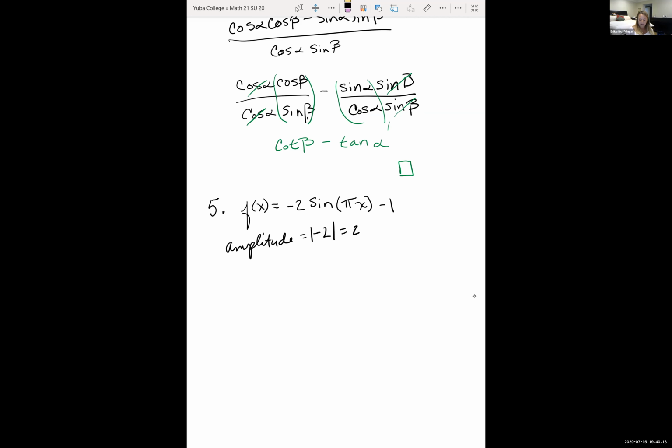Our period we can find by looking at our argument and sandwiching it in between 0 and 2 pi, because that's what our normal period is for sine. Divide both sides by pi, or all 3 sides by pi. We get 0 is less than x is less than 2. So our period has a length of 2, between 0 and 2.